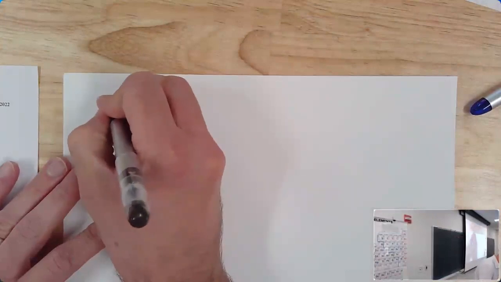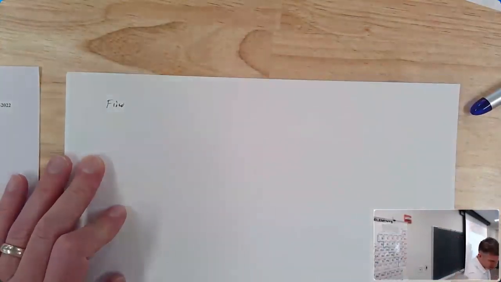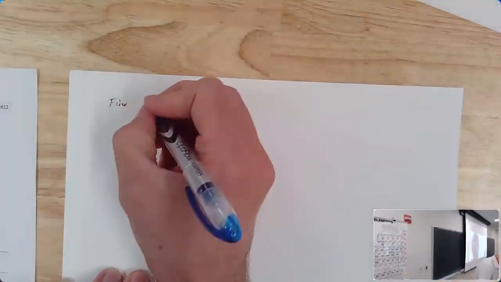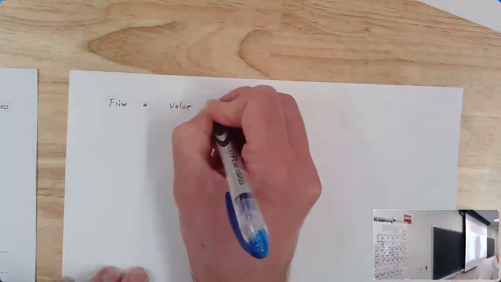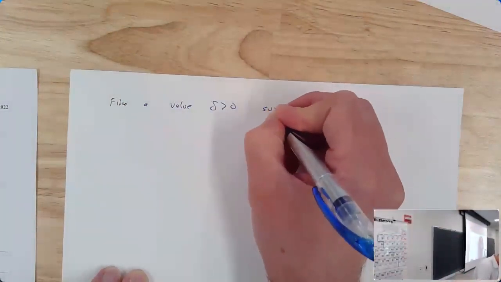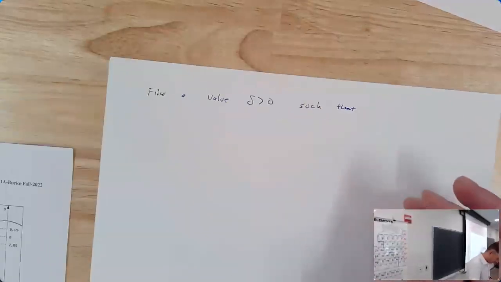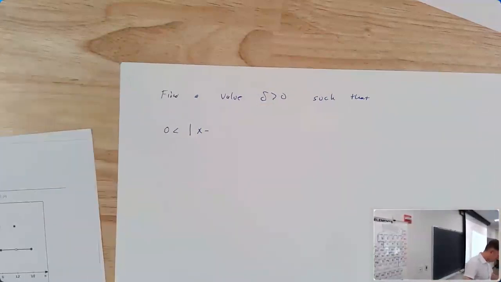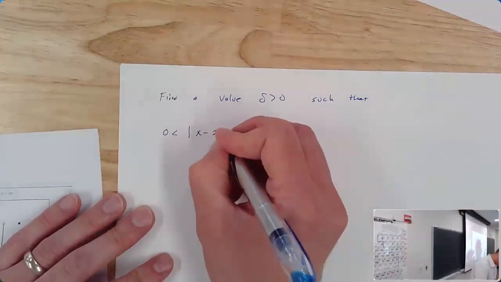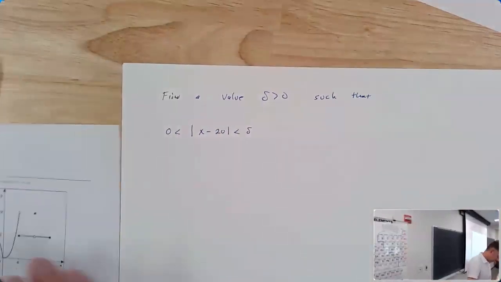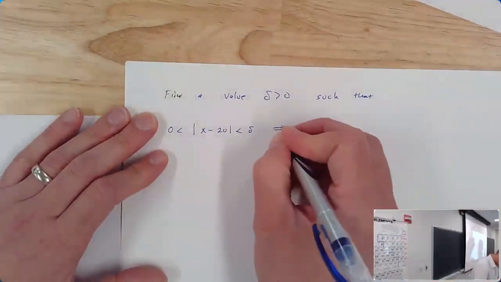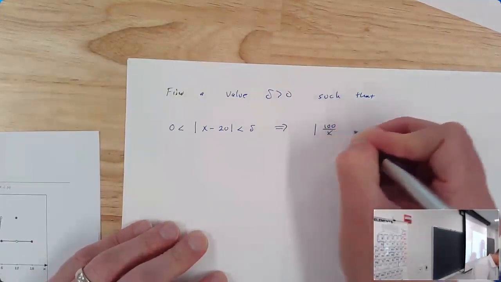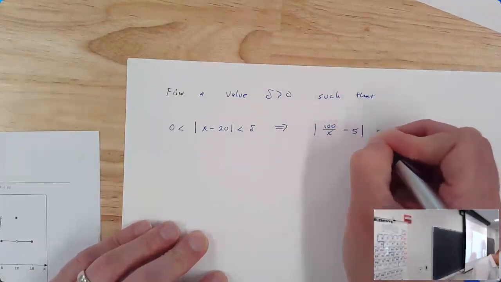Black pens just don't seem to want to work as well. I want to write in black, but I guess I'm going to write in blue. So find a value delta, positive, such that for 0 less than the absolute value of x minus 20 less than delta, we have that this implies the absolute value of my function, 100 over x, minus my limit, which is 5, is less than epsilon.